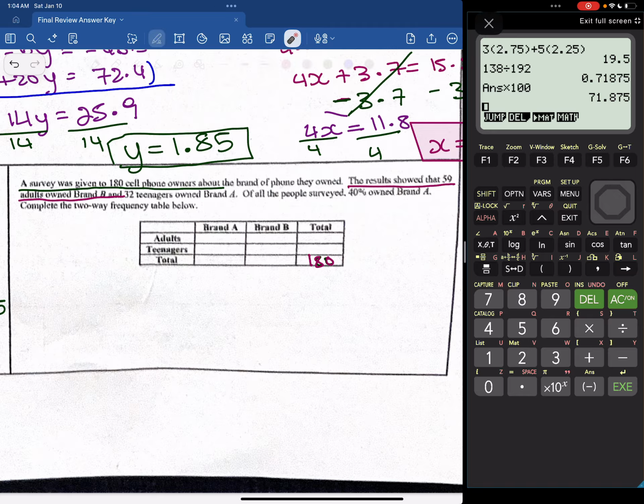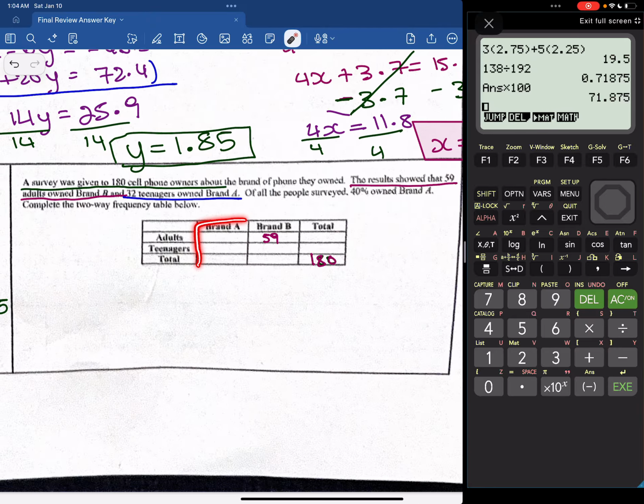So we would throw our 59 into this little section right here. And then we're told that 32 of the teenagers own brand A. So again, we would go to the brand A column, look for teenagers, and then we would stick that 32 right in there. So 32 teenagers own brand A.